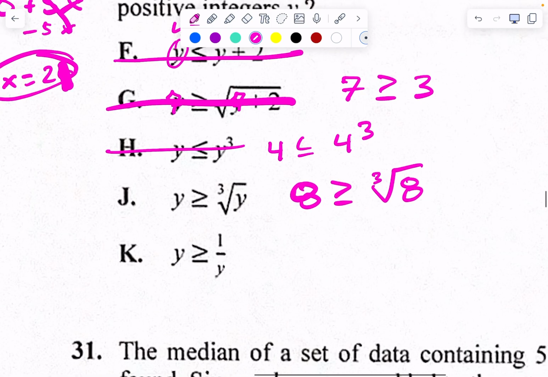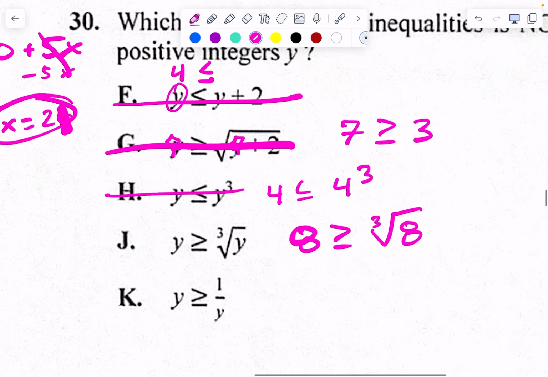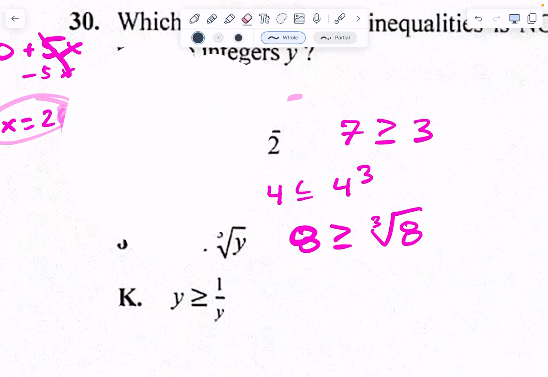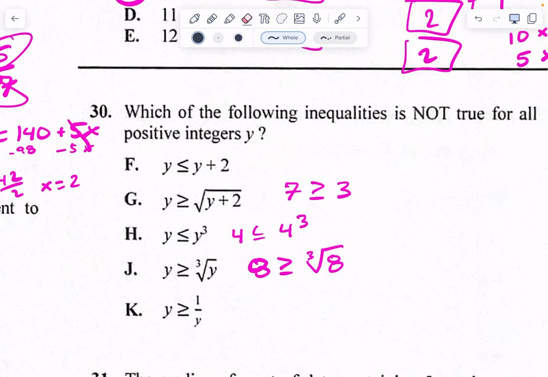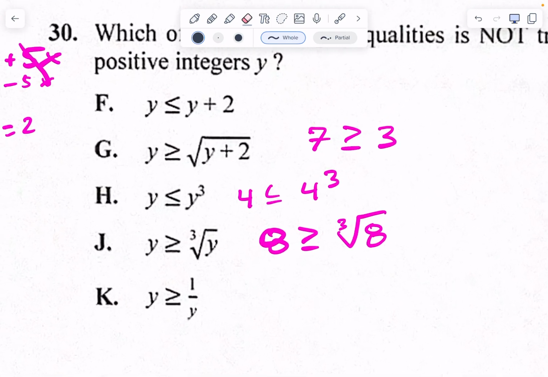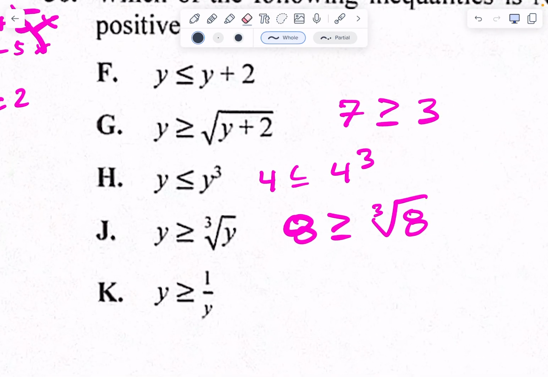So which one's not true? Integers are whole numbers, like positive integers. Say if we can do half, then H would be right, but that's not going to work. We can't do that.